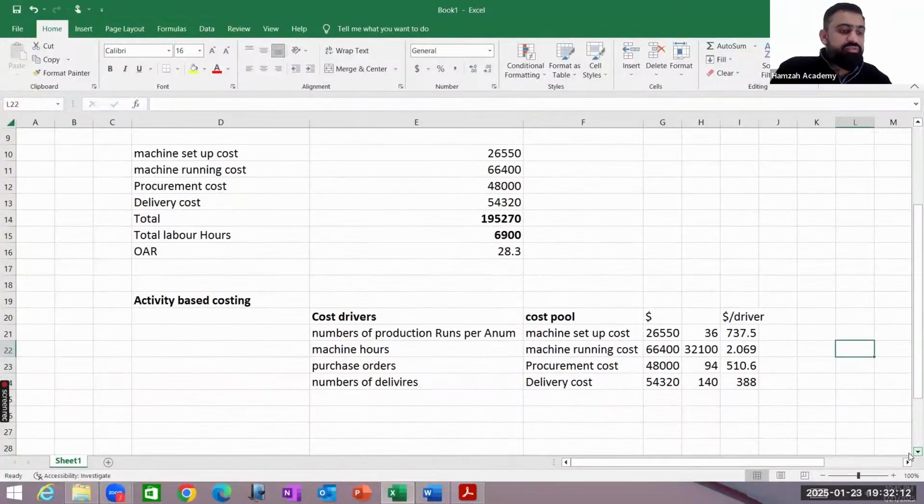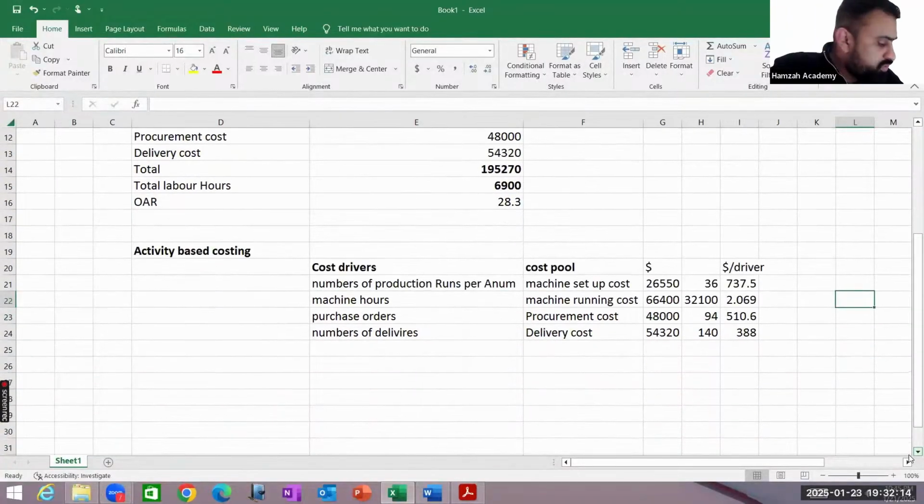So this is the first step: identify the cost pool, then the cost drivers, then the total cost of each pool and the total activity of the cost driver, and determine the overhead rate for that particular cost pool.